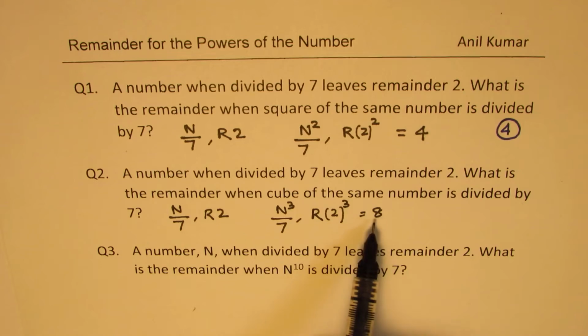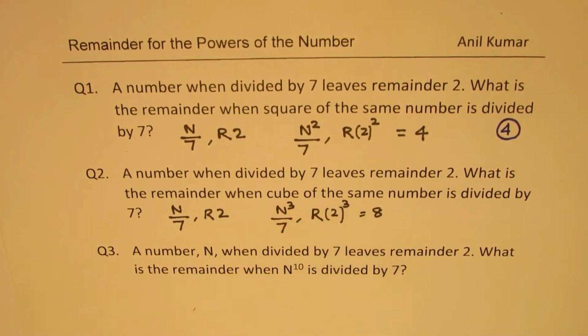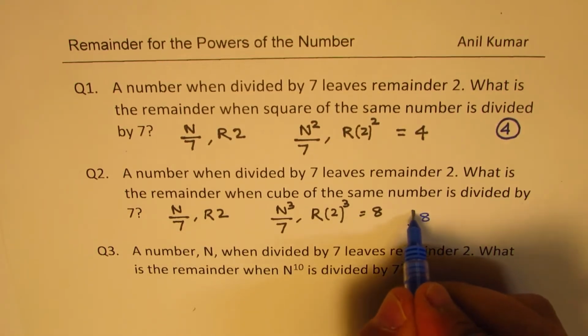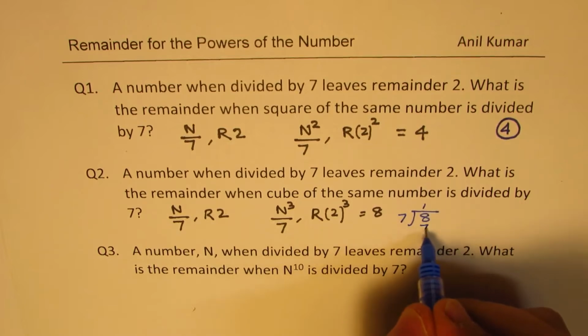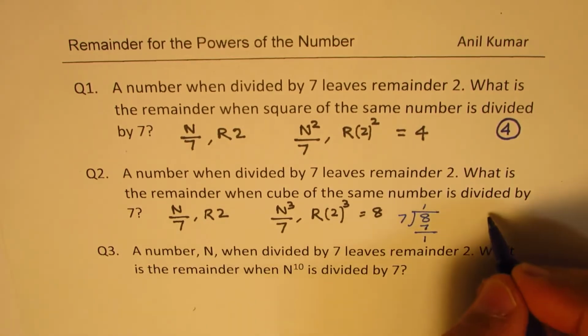Now, remainder is always a number which is less than the divisor, correct? So that means you could further divide 8 by 7, right? So when you divide 8 by 7, you get remainder as 1, and therefore the answer should be 1.